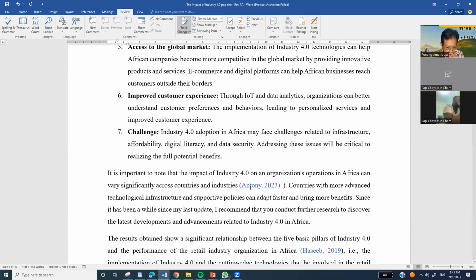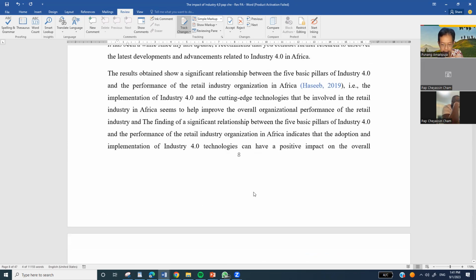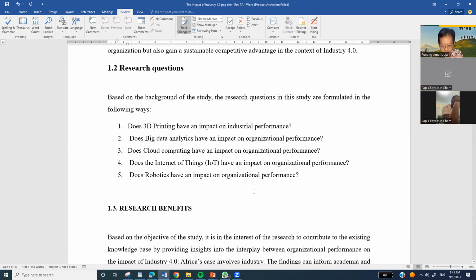So I was thinking maybe first you have to scan in advance if you are, for instance, doing purposive sampling. So you have to determine the companies that are using Industry 4.0 first. And so you would have to filter out the questionnaire to be just given to those that are using these technologies. Yes.